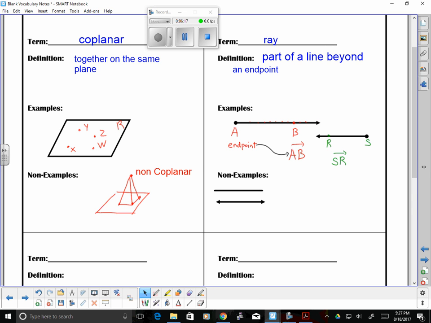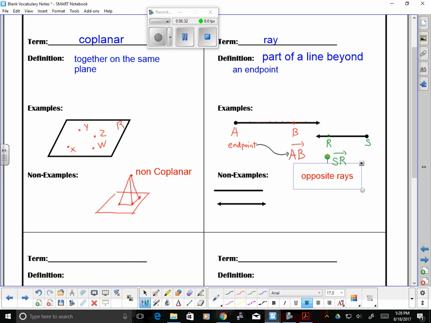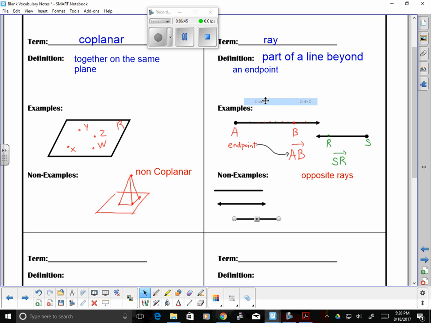Now one last thing to go along with this is you can have two rays together that have the same endpoint. So we're going to put down here what are opposite rays. Opposite rays are two rays that have a common endpoint and form a line. So imagine that we have this line, and right now there's no rays because there's no endpoint.